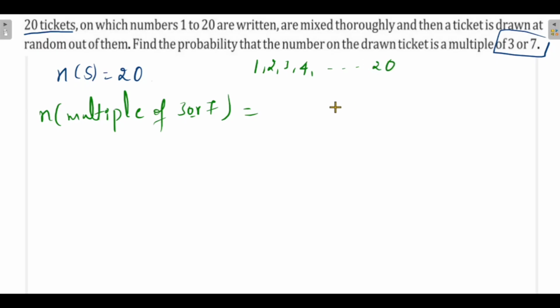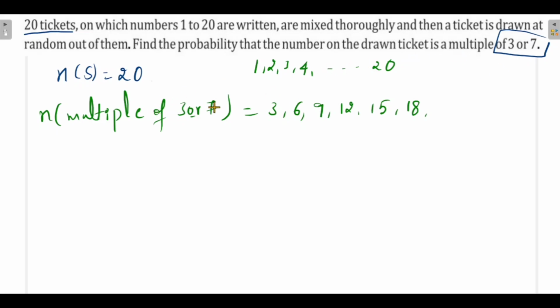Let us start writing the multiples of 3. First 3 is a multiple of 3. Next 6 is a multiple of 3. Again 9, 12, 15, 18. Now we have to stop at 18 because the next multiple of 3 is 21. It exceeds 20, that's why I am leaving it. Next we should not discontinue our process at 18, because they asked the probability that the number on the drawn ticket is a multiple of 3 or 7.